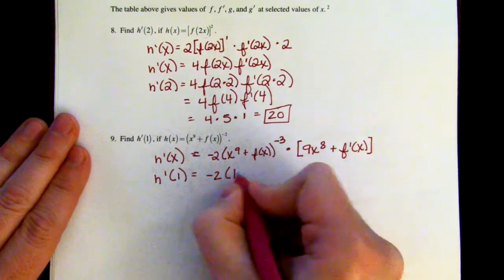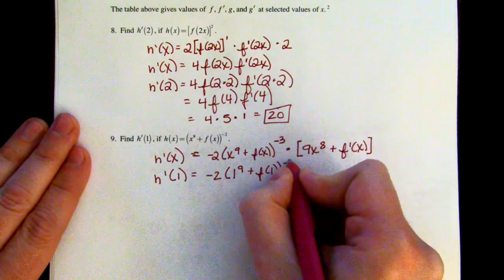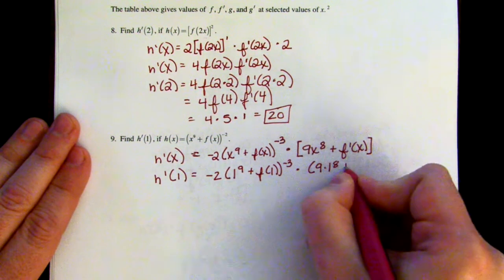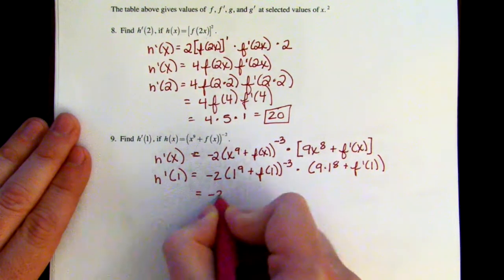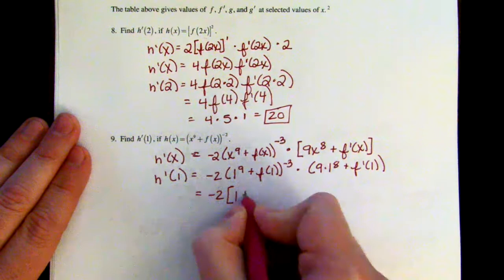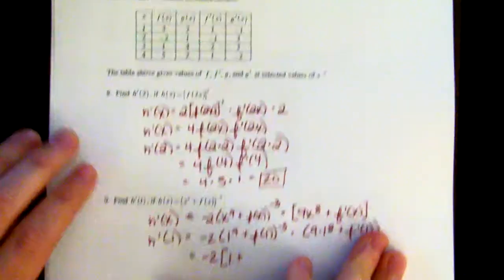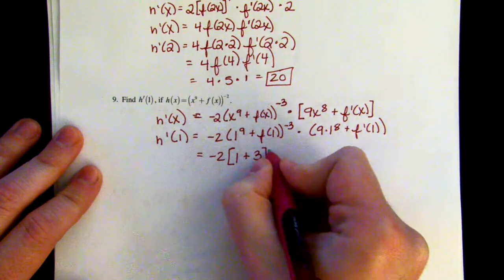Negative 2 times 1 to the 9th plus f of 1. When I'm done, I'll raise that whole thing to the negative 3. 9 times 1 to the 8th plus f prime of 1. Okay, negative 2 times 1 plus f of 1. Pulling that out of my table, f of 1 is 3. I'll raise that to the negative 3rd.